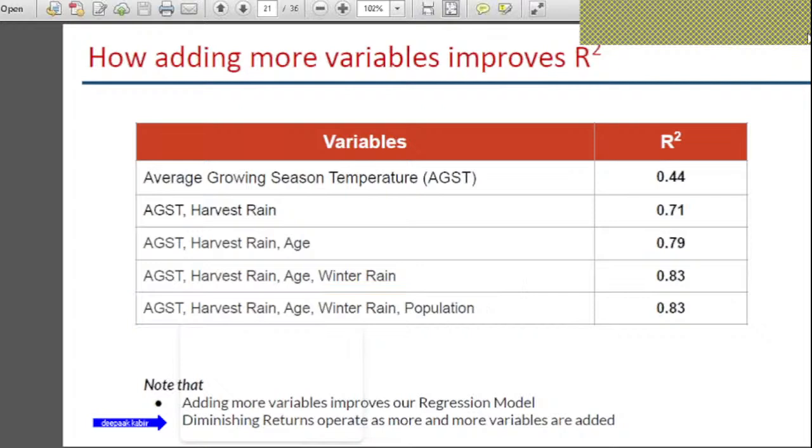No, because I am not able to improve my model here. I'm not able to improve the predictive power of the regression, the explained variation. Maximum it goes to 83. So it does not make sense there, right?